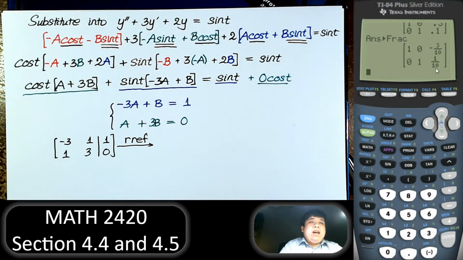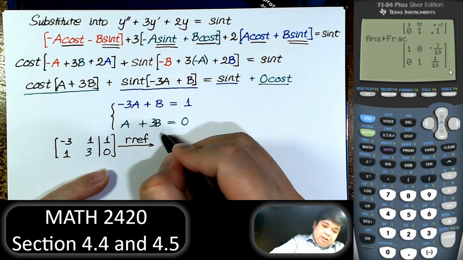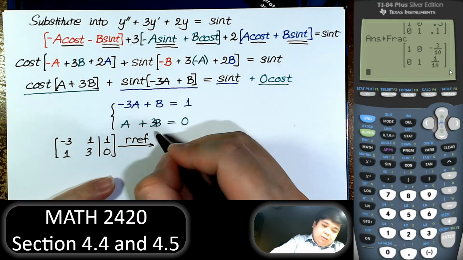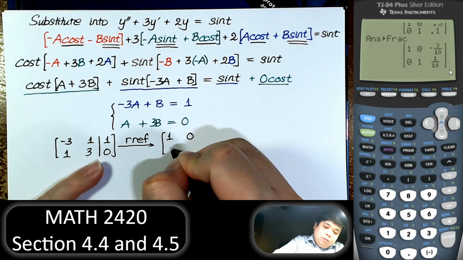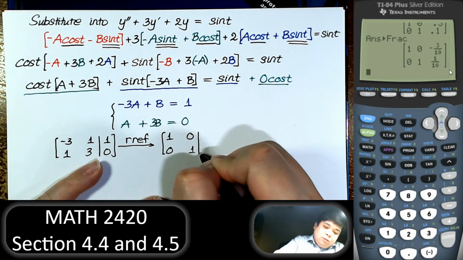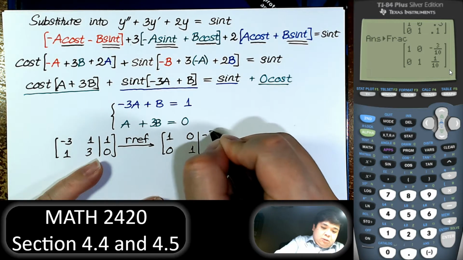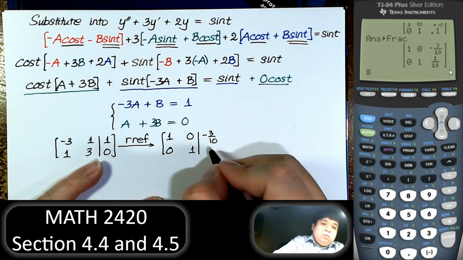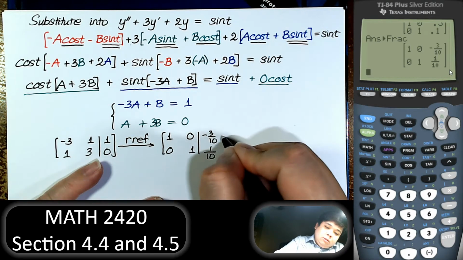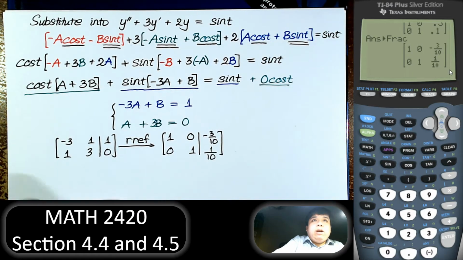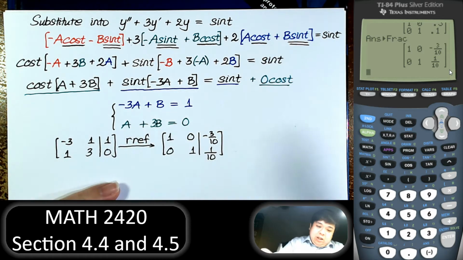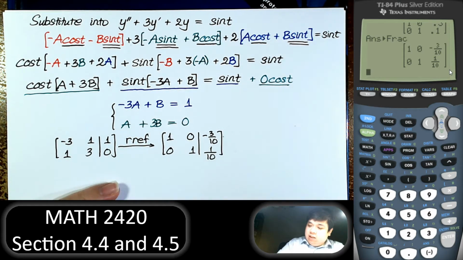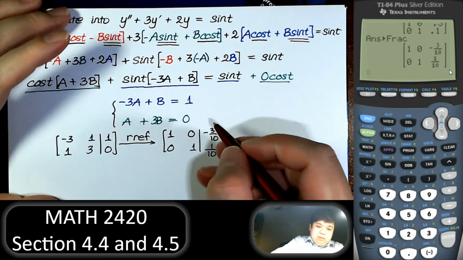So negative 3 over 10 and 1 over 10. Since in this form we write A and then B, the first one is A, the second one is B.